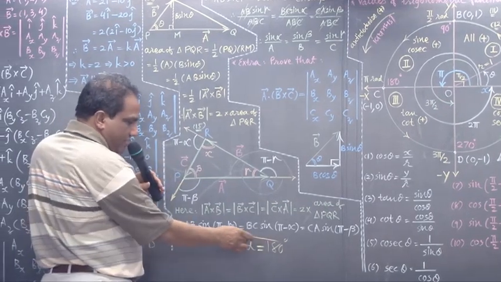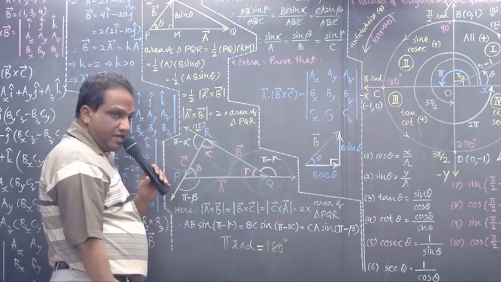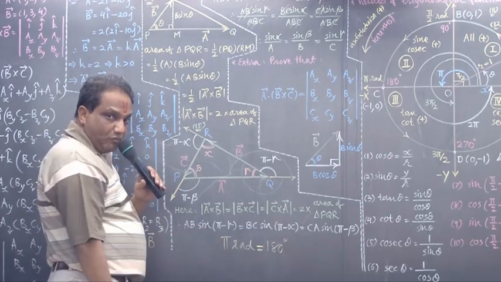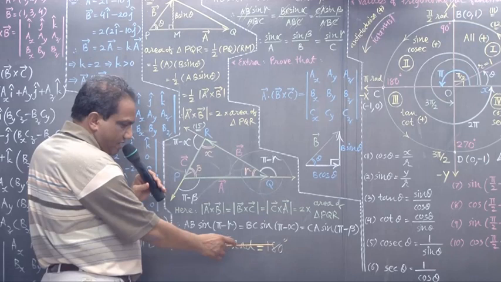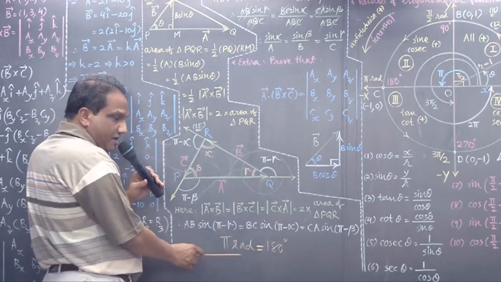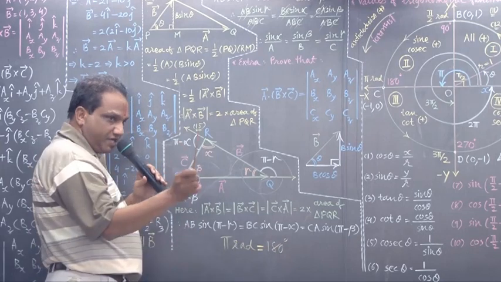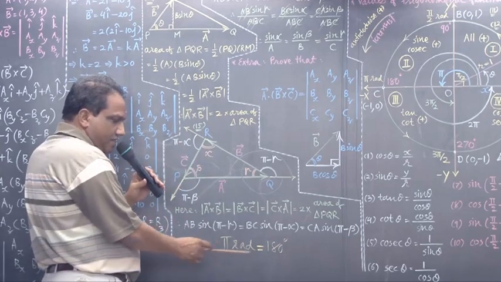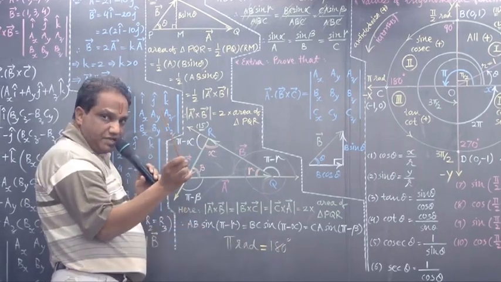Pi by 2 will be 180 upon 2, that is 90 degree. Divide by 4 on both the sides. Pi by 4 will be 180 upon 4, that is 45 degree. Pi by 3, 180 upon 3, that is 60 degree. Pi by 6, 180 upon 6, 30 degree.